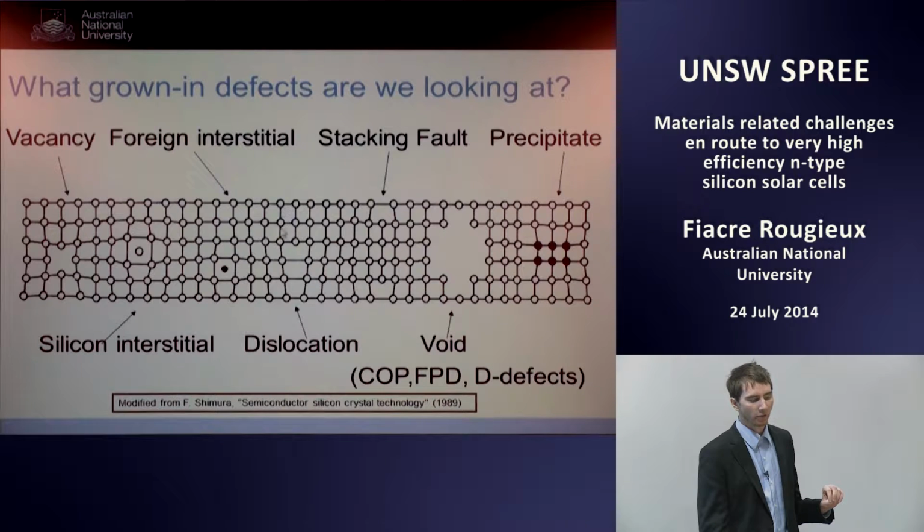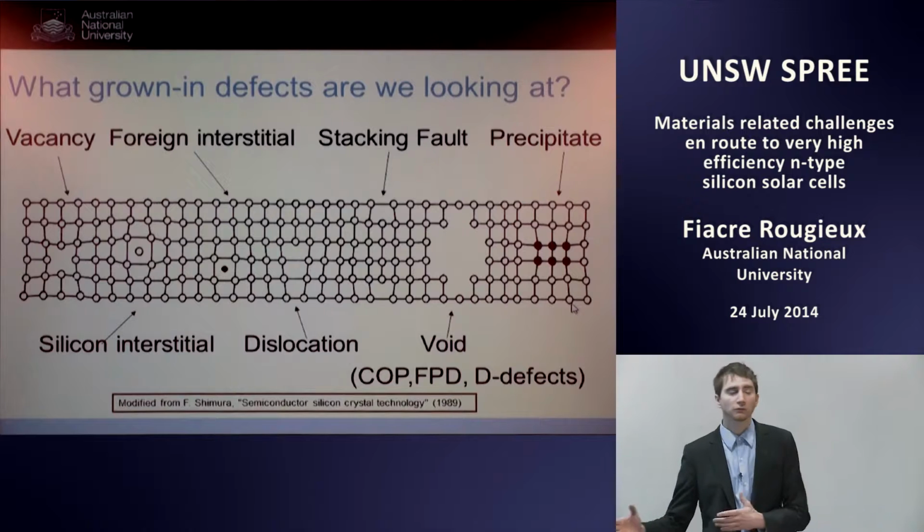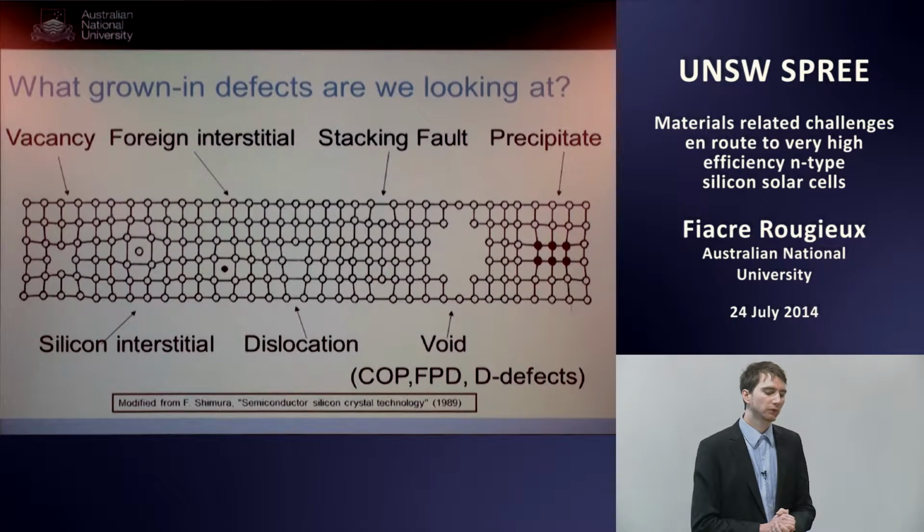Apart from these point defects in monocrystalline silicon, we are also going to have extended defects. Extended defects are going to be dislocations, stacking faults, and we can also have voids and precipitates. And because oxygen is the main foreign interstitial, apart from the dopant, those precipitates are going to be oxygen precipitates more often.